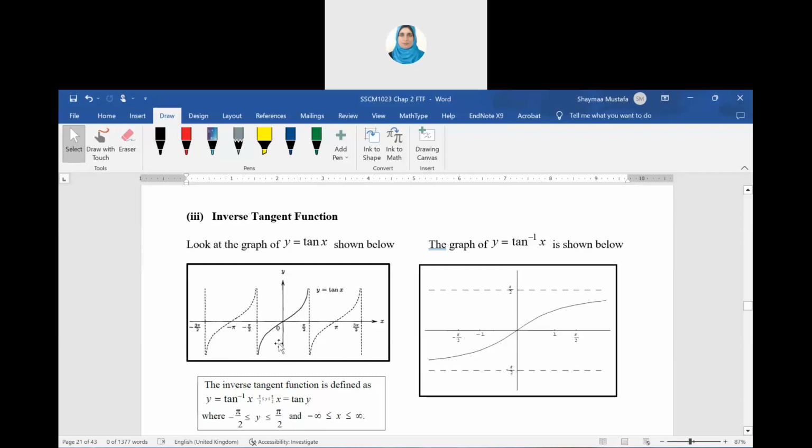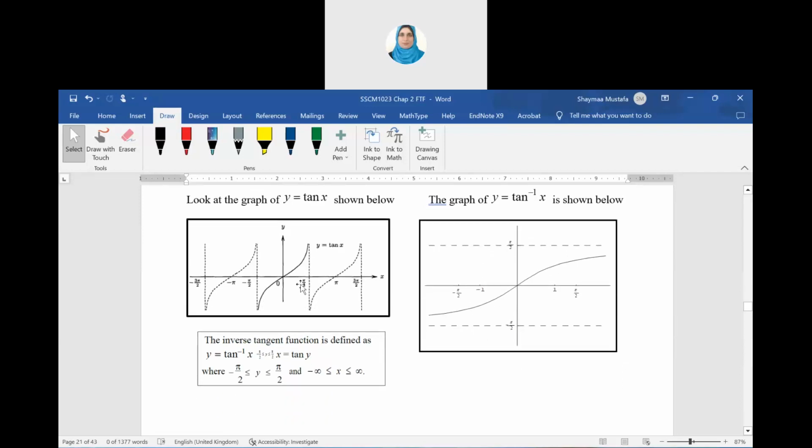And the range here, which is all real numbers, will become your domain. So your domain will be all real numbers for tan inverse x. The range is restricted from minus pi over 2 to pi over 2, because your domain here is restricted from minus pi over 2 to pi over 2.